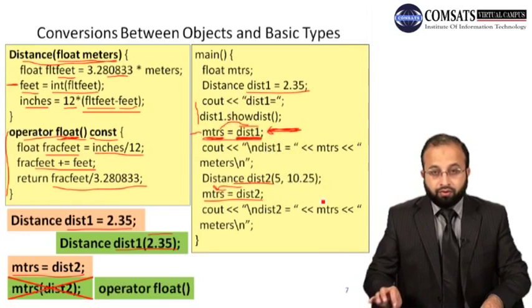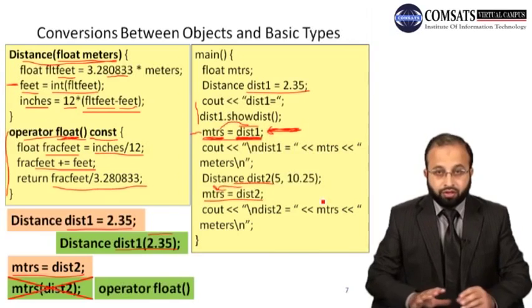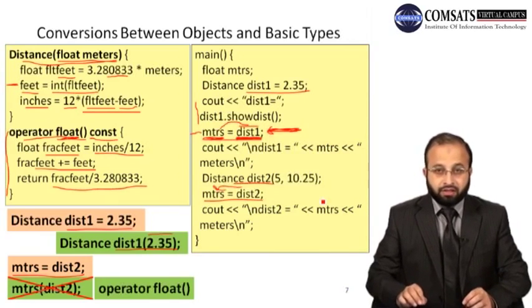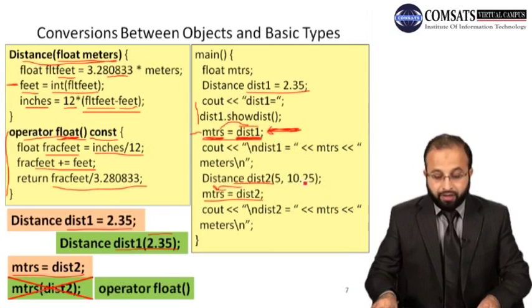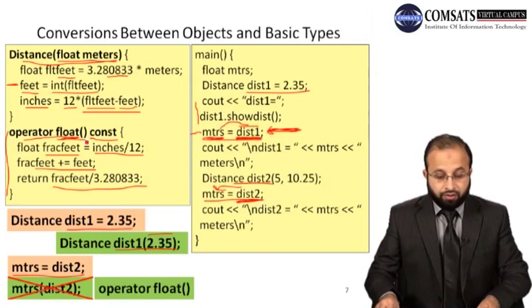So floating point जो float की जो type है उसमें हम कुछ चीज़ें add नहीं कर सकते, कोई नया function नहीं लिख सकते. So we have to provide the conversion function in a user defined, that is distance class.